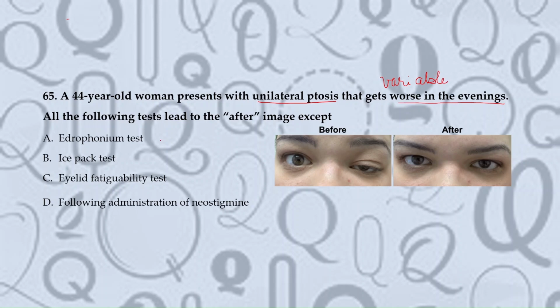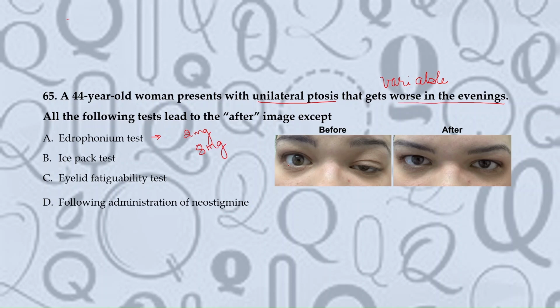So the options here are, what is hydrophonium? Hydrophonium is a short acting anticholinesterase. After giving 2 mg of intravenous hydrophonium, we wait for some time to look for any allergic reaction. It's also given with atropine just to avoid muscarinic symptoms. Then we give an 8 mg loading dose and look for improvement in ptosis.